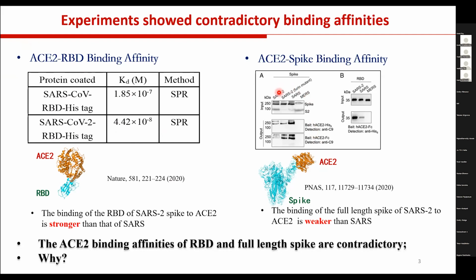Another experimental study shows that the binding of the full-length spike of SARS-2 to ACE2 is weaker than SARS. So these experimental results are actually contradictory to each other. So we want to know why.